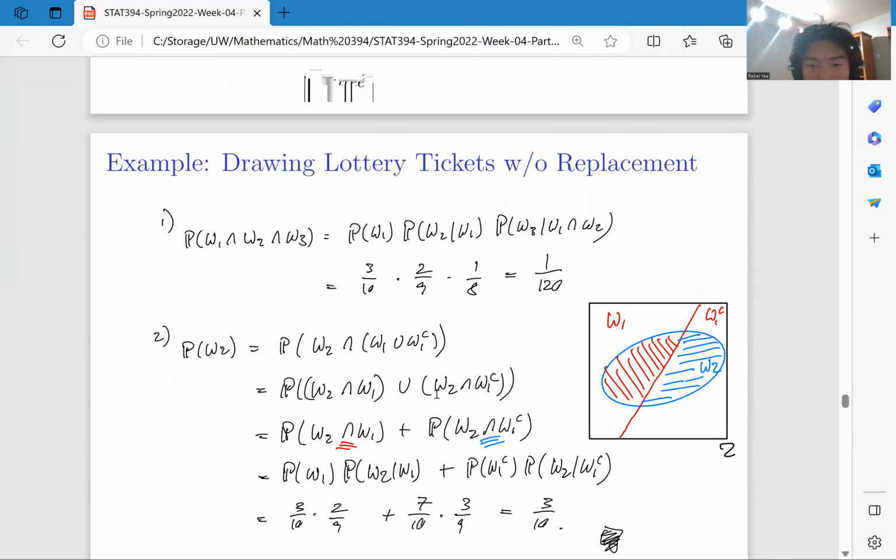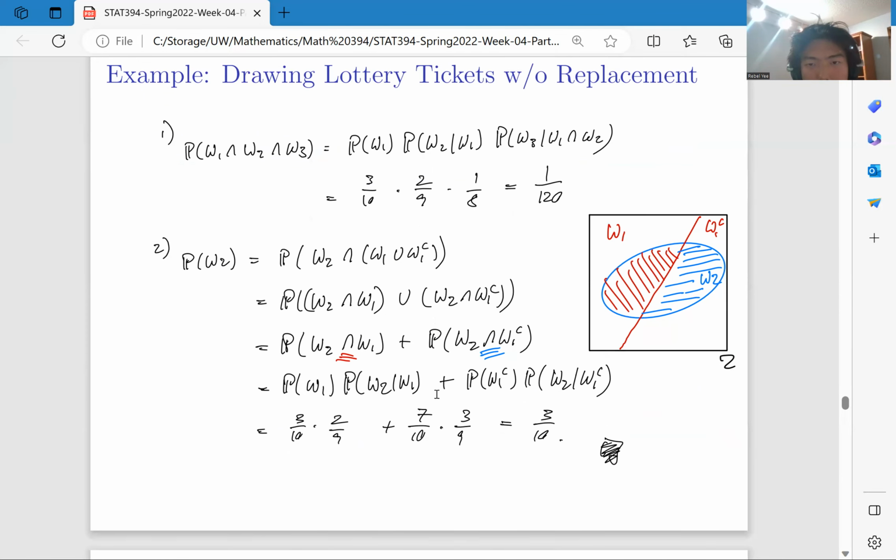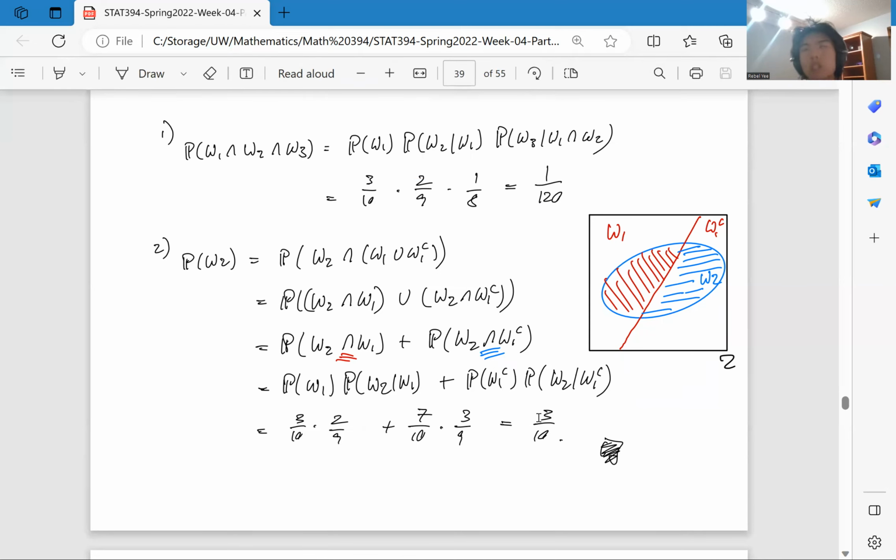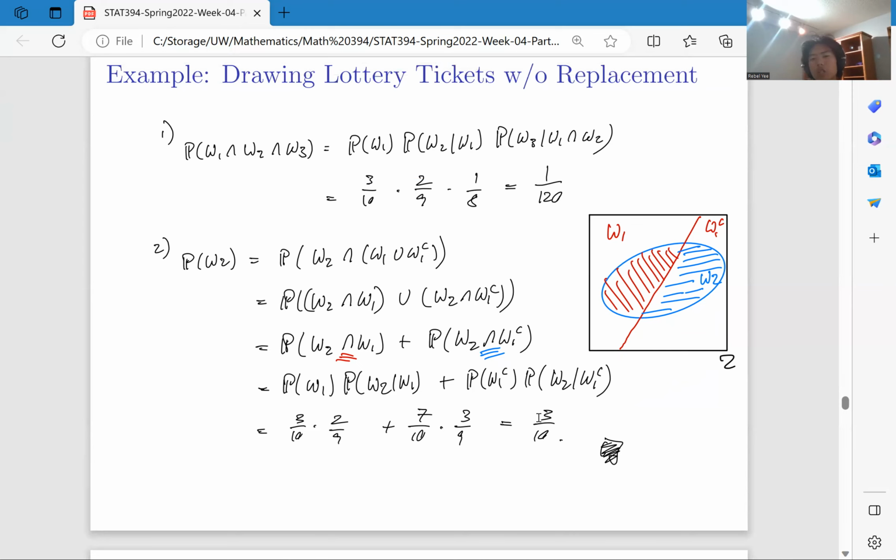So luckily, we find out the first ticket is a winning ticket with probability 3/10, and the second ticket being a winning ticket is also 3/10.